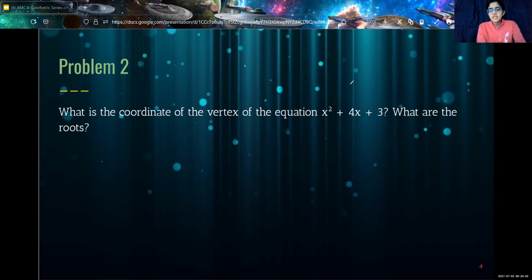So the x coordinate of the vertex would be the average of negative 3 and negative 1, which is negative 2. Then you plug that into the equation, you get 4 minus 8 plus 3, which is 7 minus 8, which is negative 1.